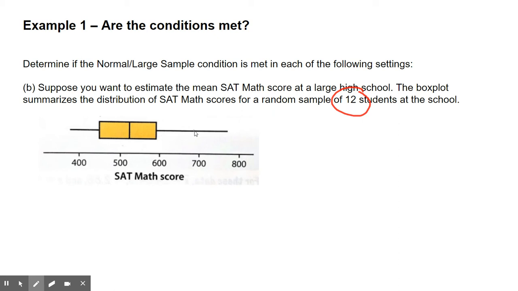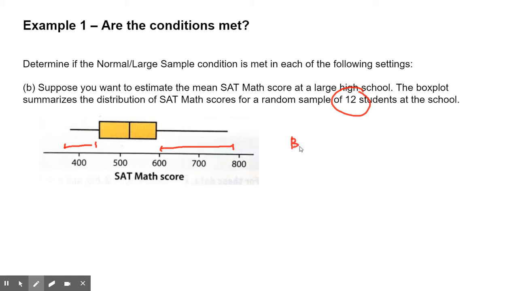Now, I understand that this tail is longer than that tail. But to me, this is not strong enough skewness to rule this data out. So we are going to say that this does pass the normal large sample condition because this box plot of the sample data shows no strong skewness or outliers.